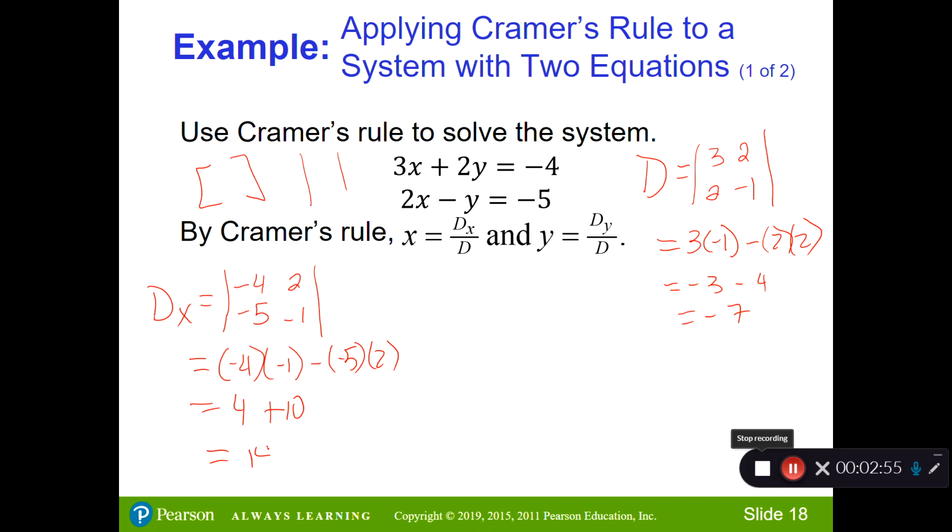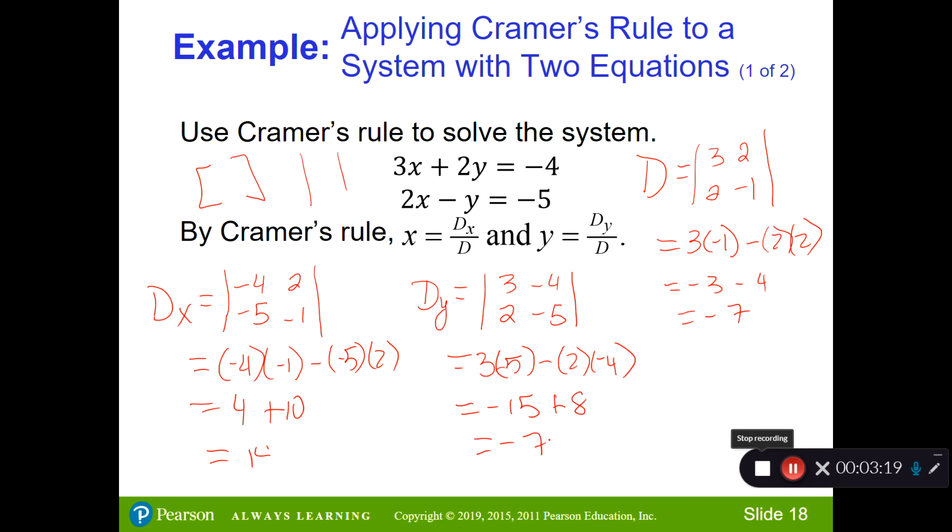All right, now to get the Dy, we go back to this original matrix here, but I replace the second column with the negative 4, negative 5. So that's 3 times negative 5 minus 2 times negative 4. So negative 15 minus negative 8 is a negative 7.